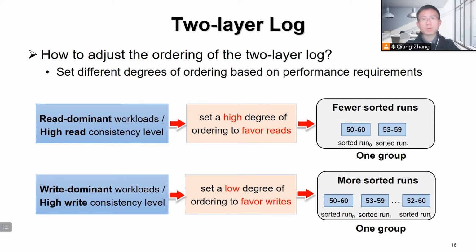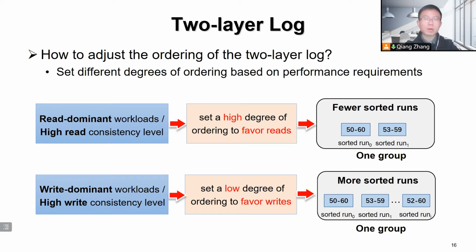Finally, how to adjust the ordering of the tunable log. Considering that the ordering determines the trade-off between read and write performance, a small number of sorted runs in a range group favors the read performance, but it incurs a large merge sort overhead that degrades the write performance. So we can set different degrees of ordering for the tunable log based on the performance requirements.